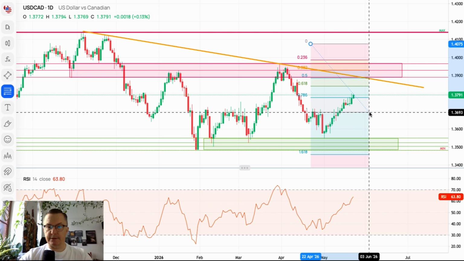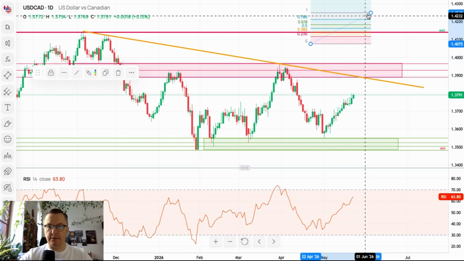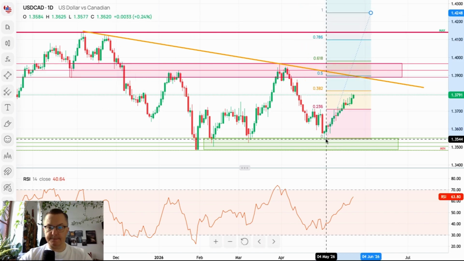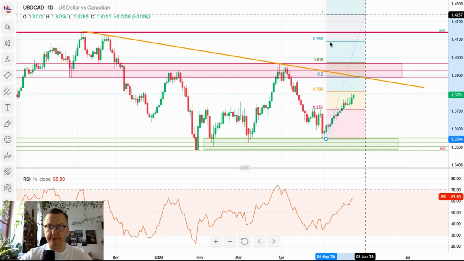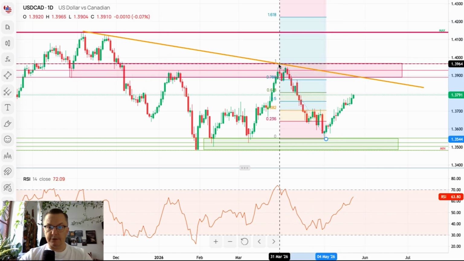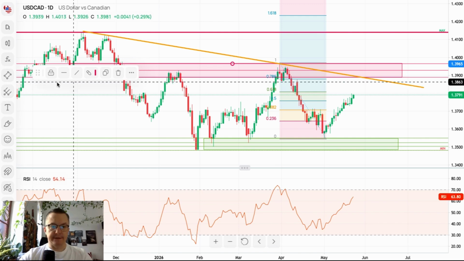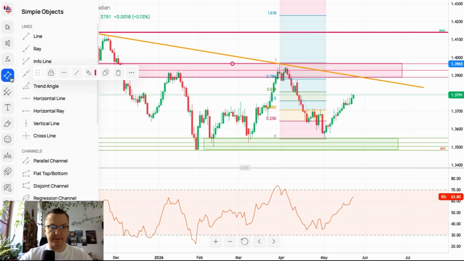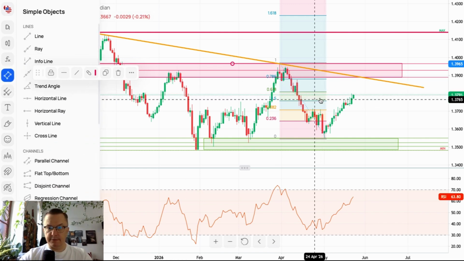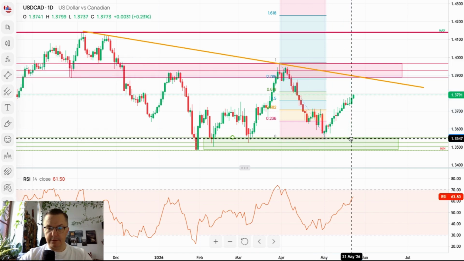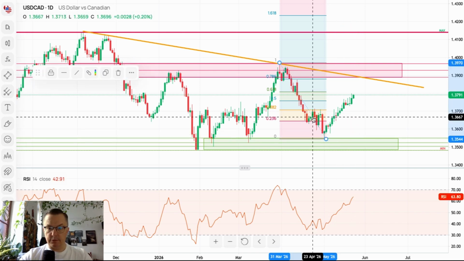Let me just take a look. So this one goes here, this one goes here, and how much did we retrace? Well, we almost hit the 61%. So 61% is located roughly around, let me just switch this and move it. Okay, that's completely not what I want to do.